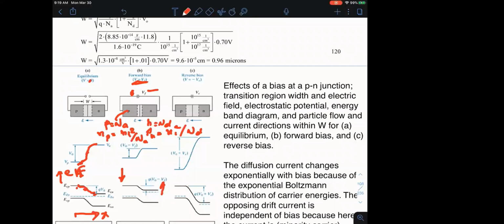Basically, you take the equilibrium band diagram and skew it as shown in the middle, meaning that the junction potential is now reduced to V0 minus V_F. Now what one finds is most of that applied forward bias will drop across the depletion region. There will be a drop in the P and N sides themselves, but it will be much, much smaller.